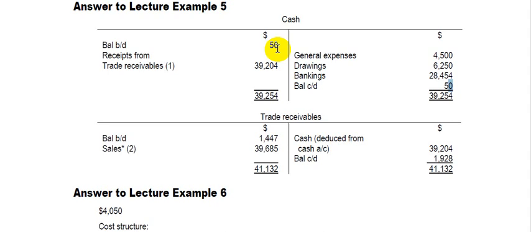The credit side is higher. When you add those, you get 41,132. The 41,132, you subtract the 1,447 opening balance to give you 39,685. So the 39,685 were the credit sales made during the year. Any question?